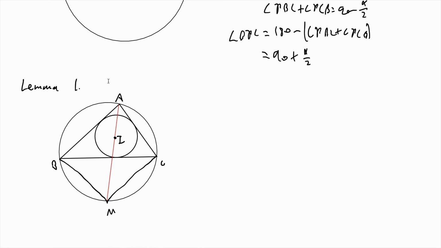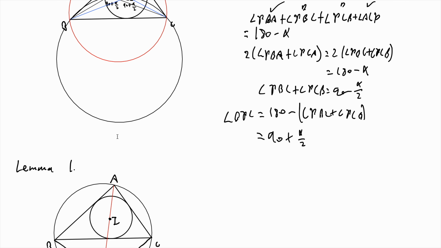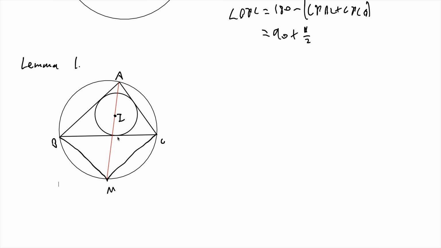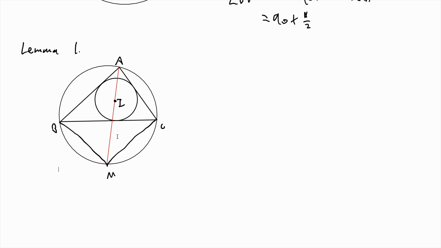So the basic proof for this is, let's start tracing our angles first. So these angles are the same, this one and this one, because AI is the angle bisector of angle A, or BAC.